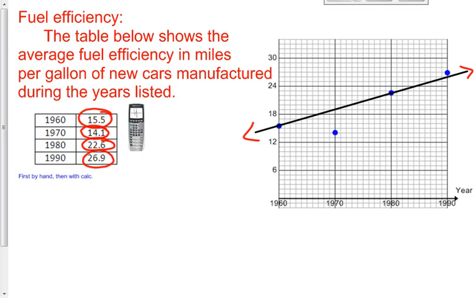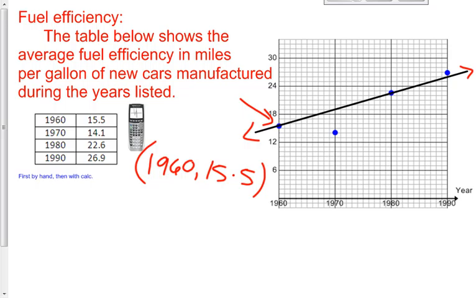Now, you only need 2 points to name a line. That's all you need. And as you can see, we do indeed have 2 points. Once we have these 2 points, we're going to get into y equals mx plus b form using the strategies that we've learned the last 3 days. My first point is 1960, 15.5.